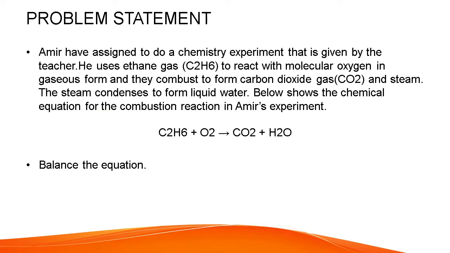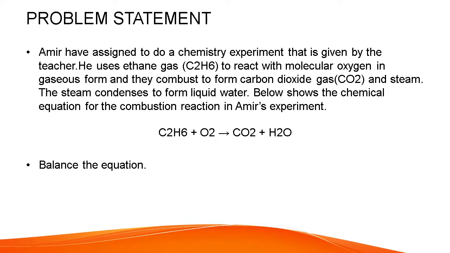Now let's move on to the problem statement. In this situation, Amir has been assigned to do a chemistry experiment given by the teacher. He uses ethane gas C2H6 to react with molecular oxygen in gaseous form, and they combust to form carbon dioxide gas CO2 and steam.